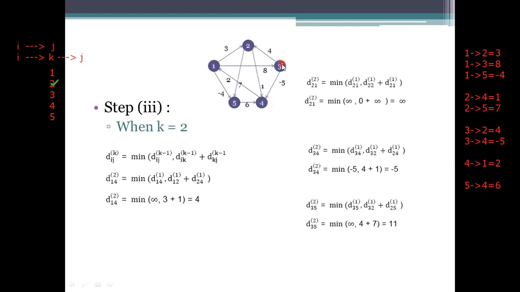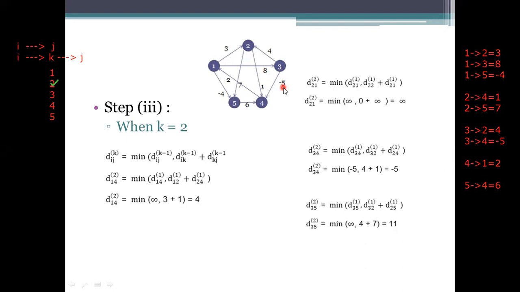If you are using the third one as i, 3 to 2 is there, but there is no path for 2 to 1. So here it is unnecessary to calculate the value. Why we are not including the calculation of 3 1 means, if we are calculating that one, the i value is 3, and the j value you need to consider here is 1.